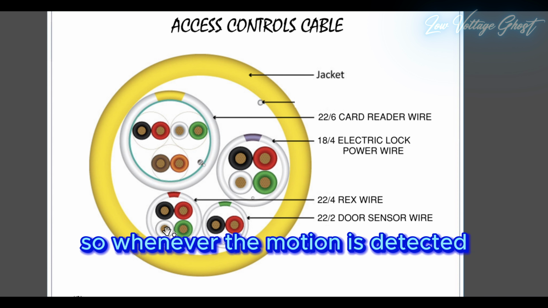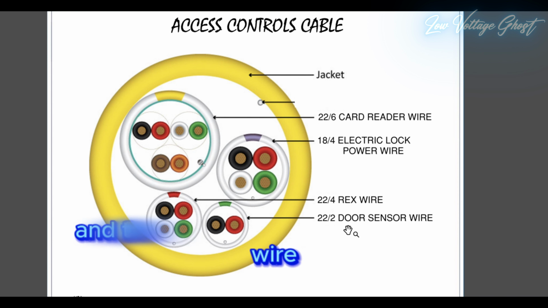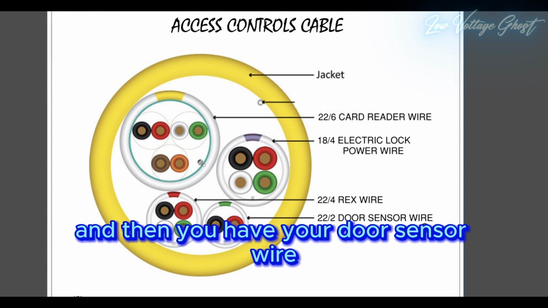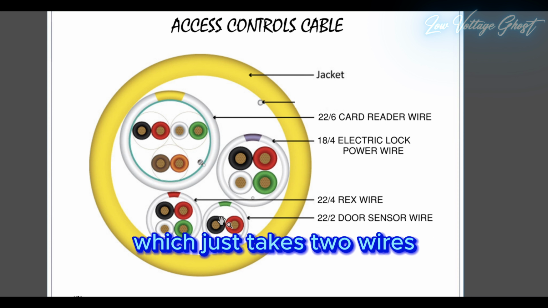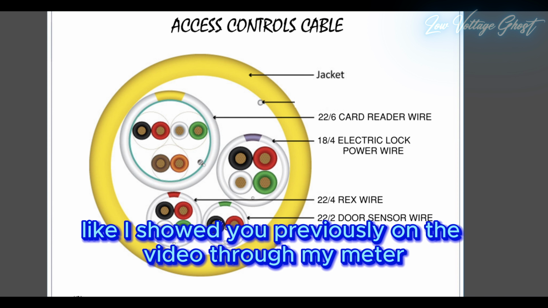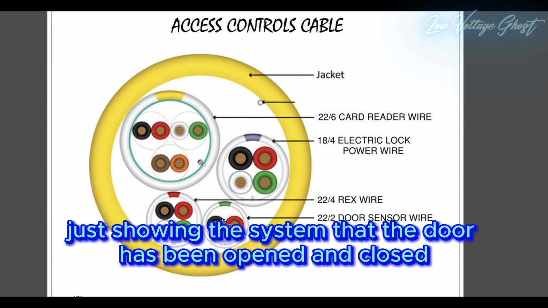So whenever motion is detected, it sends the signal to these 2 wires. And then you have your door sensor wire, the door contact, which just takes 2 wires, like I showed you previously in the video through my meter. It's just showing the system that the door has been opened and closed.